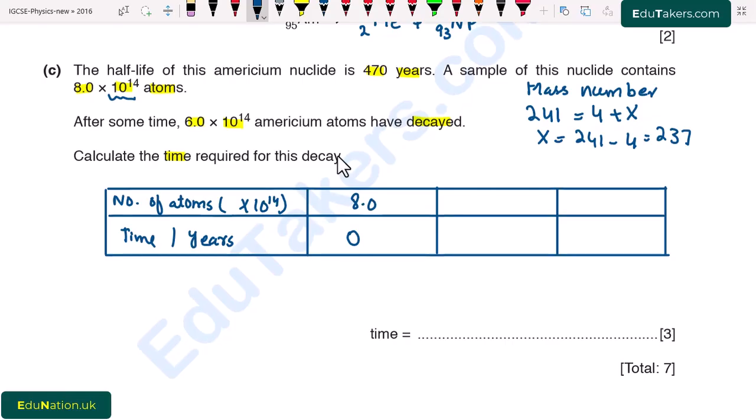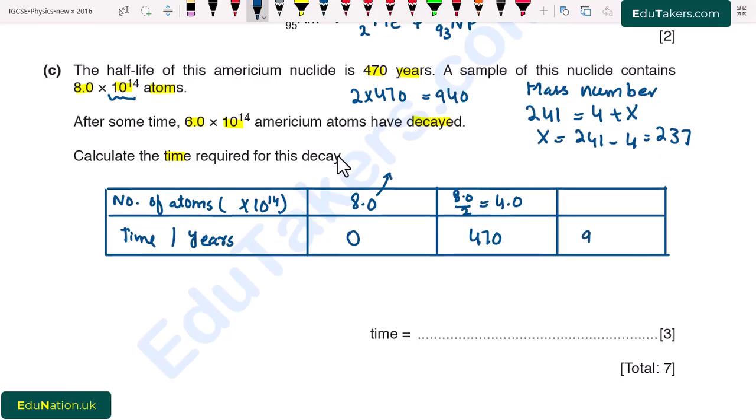Next, when first half-life passes, it means that time is 470 years. Then half of this amount decays and it becomes 8.0 divided by 2, which is 4.0. Next, when second half-life passes, it means that total time will be 2 into 470, which is equal to 940 years.